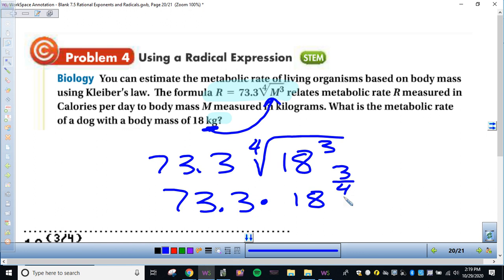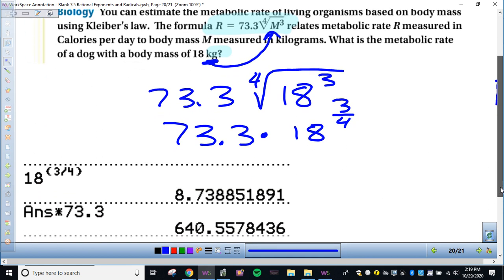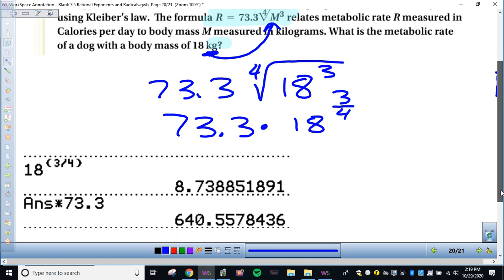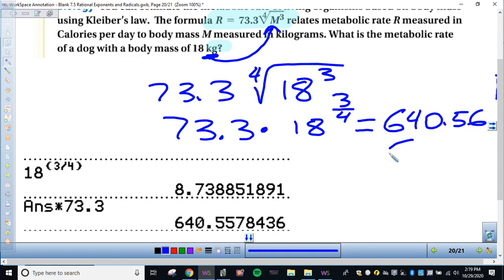So 18 to the 3/4 power, which I did below here off the screen, is that beautiful number, 8.7388591. Then all I have to do is multiply it by 73.3, and we get 640.56 rounded to hundredths calories. So this whole thing equals 640.56 calories.